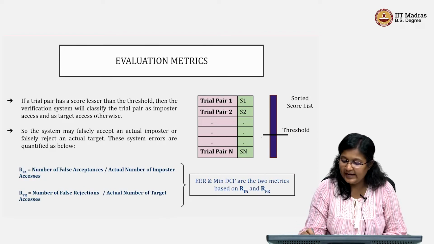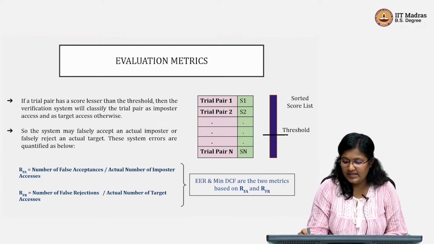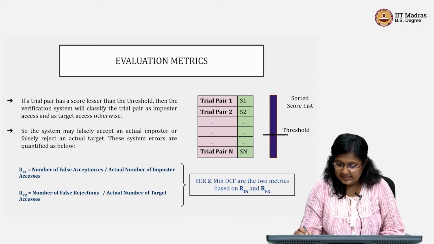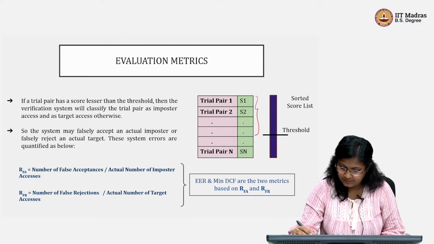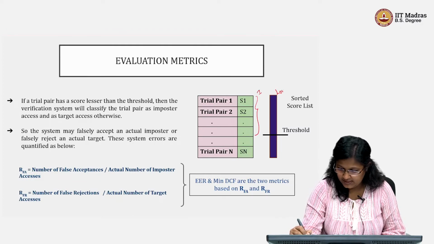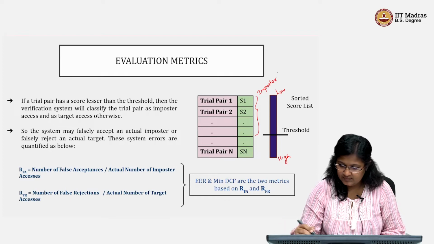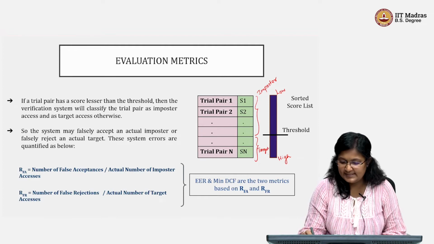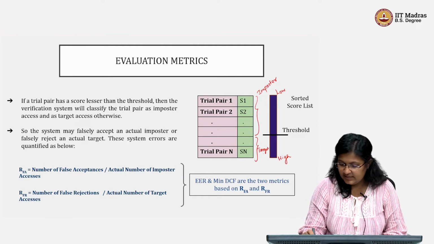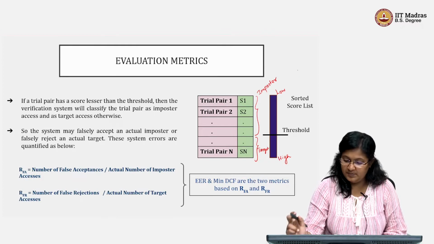So let's say I have put a threshold somewhere here, which means all these trial pairs will be classified as imposter, because I am taking this as low and this as high. These are classified as imposter access, and these would be classified as target access, which means the model is saying that these are from the same speaker and these are from different speakers.